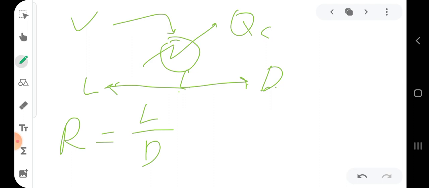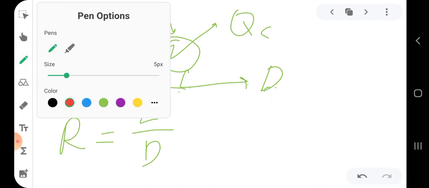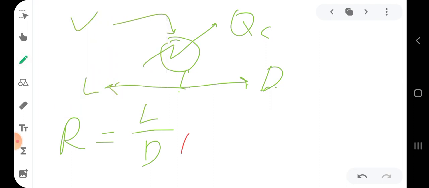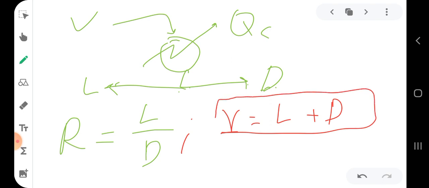So first thing, before applying the energy balance, let's apply the overall material balance. The overall material balance will say that V is equal to L plus D. The vapor inlet equals outlet, D plus L, assuming steady state, there is no accumulation. So this is the first equation. Now, how can we apply the energy balance?